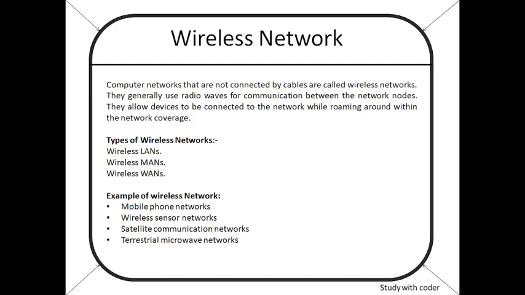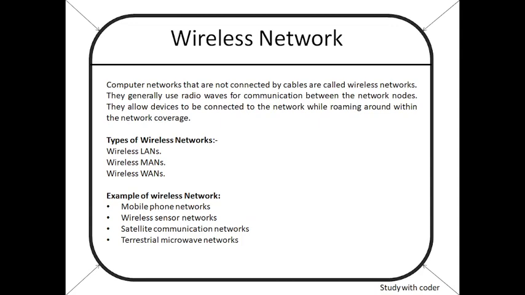Wireless network. Computer networks that are not connected by cables are called wireless networks. They generally use radio waves for communication between the network's nodes. They allow devices to be connected to the network while roaming around within the network coverage. Types of wireless network: wireless LAN, wireless MAN, wireless WAN.